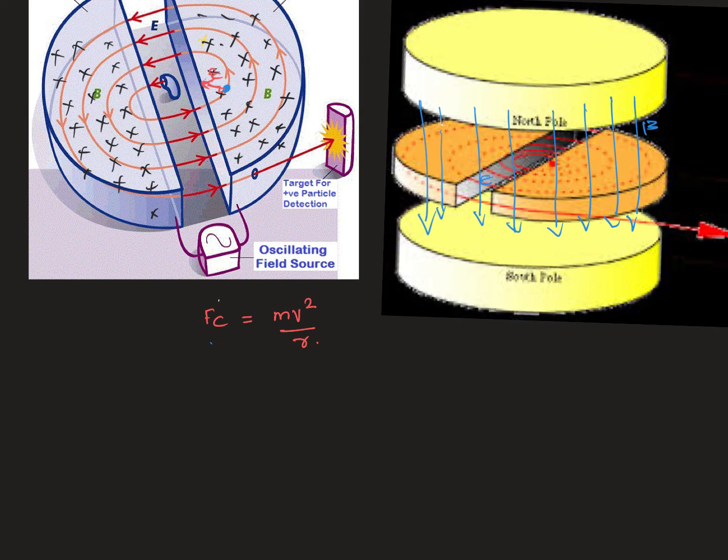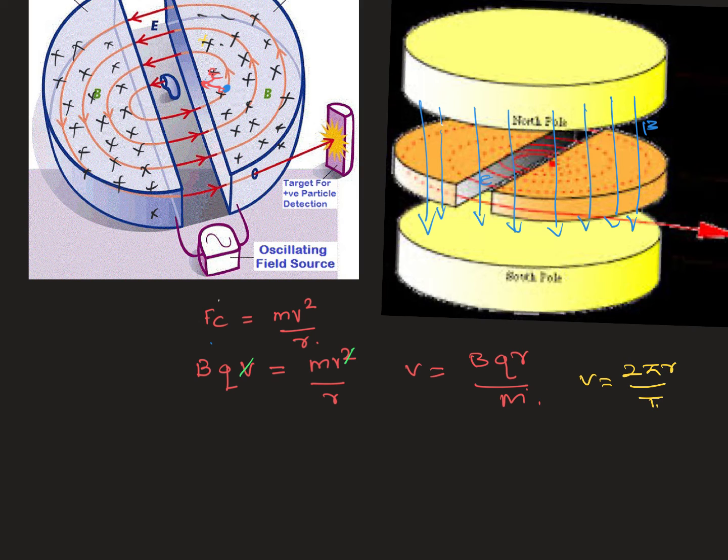That centripetal force is provided by the magnetic force, which we can put as BQv is equal to mv squared over r. So here the v and this square will cancel out, and we can say v is equal to BQr divided by m. But we know that v is equal to 2 pi r over T, right?